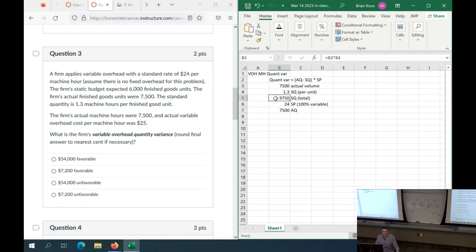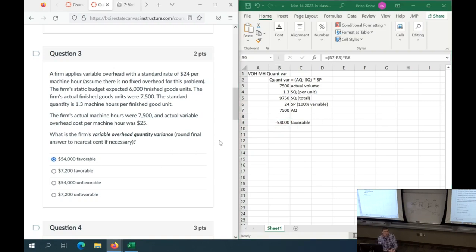We would have expected to use 9,750. I forgot to put the parentheses, times the standard price. That's what the equation just told us. So this would be our right answer.